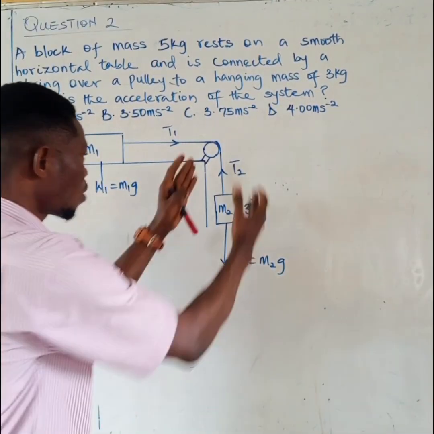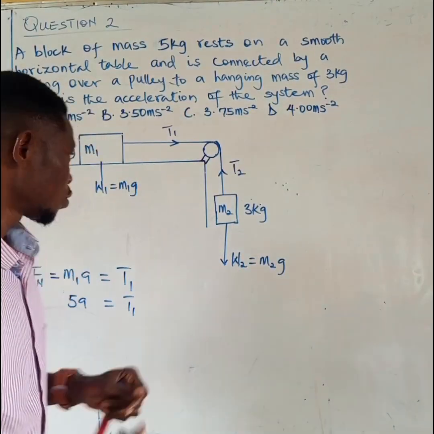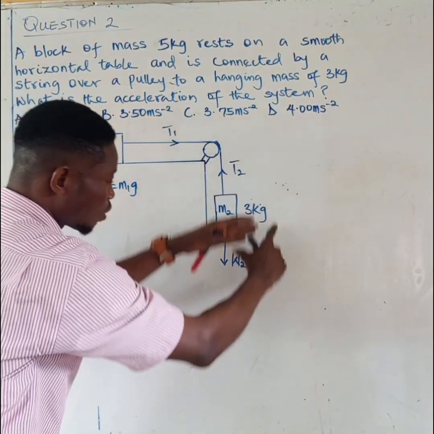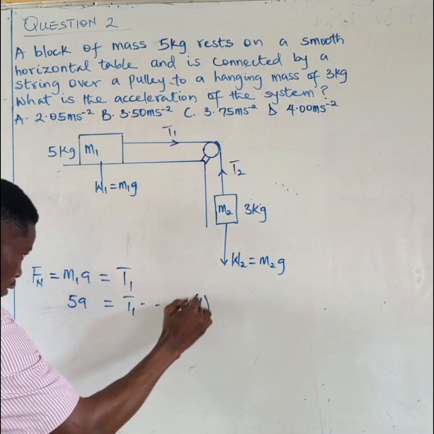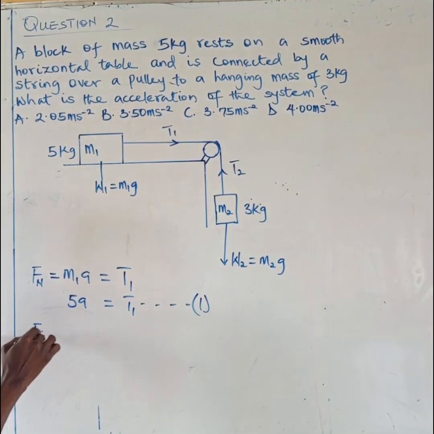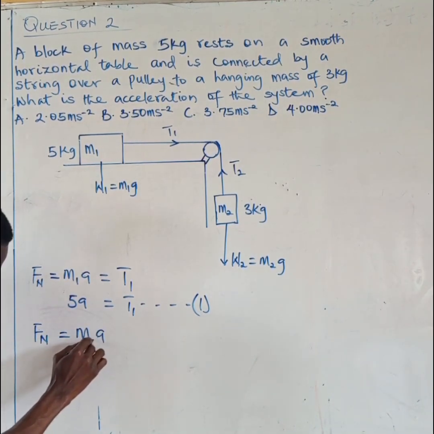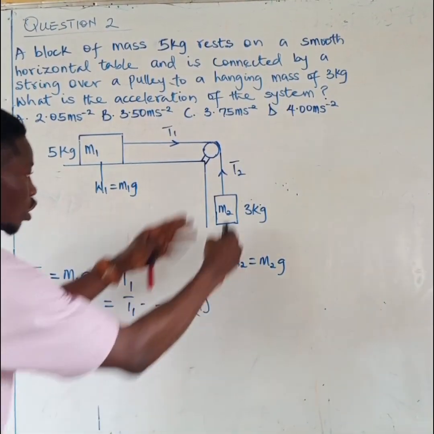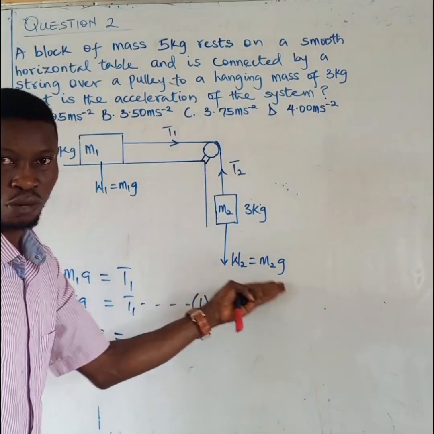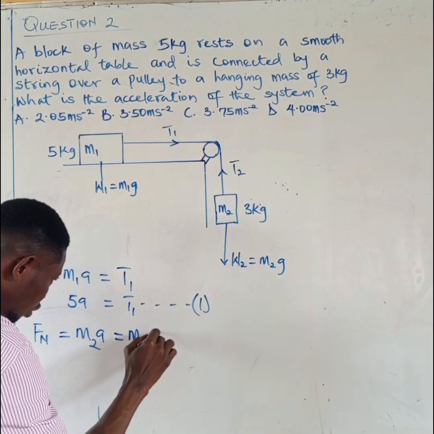Then we go to the second mass, which is going to be moving vertically. So the motion is down this way. This is our equation 1, please. We are going to have net force is equal to MA. Here we are talking about M2, so we add 2 here. This will be equal to, the motion is in favor of this weight W2, so we have M2G.